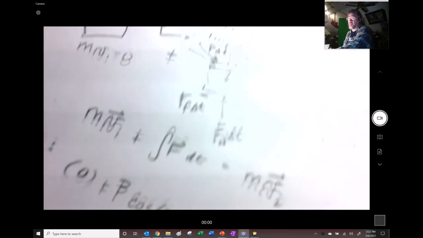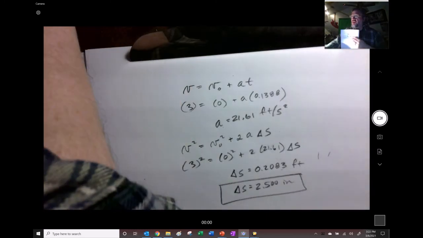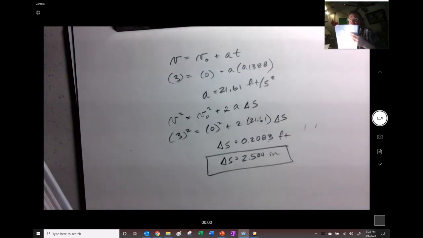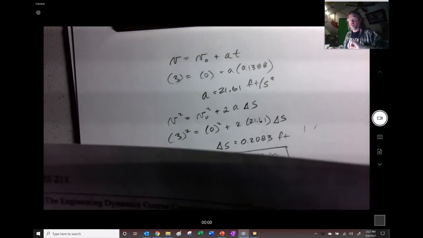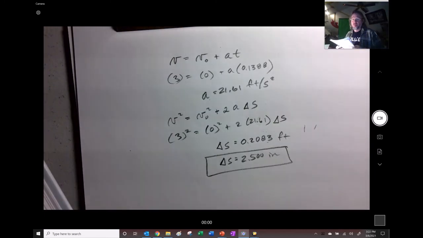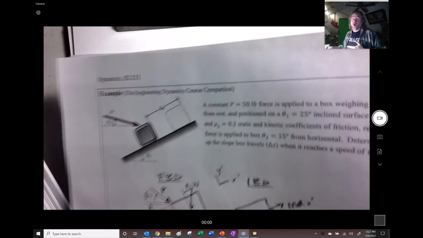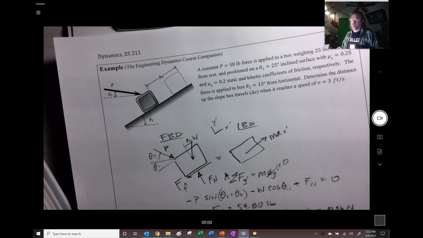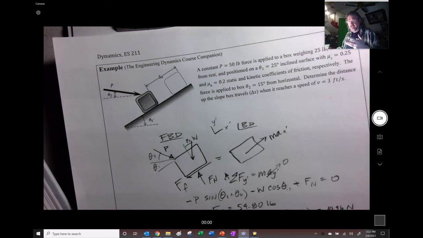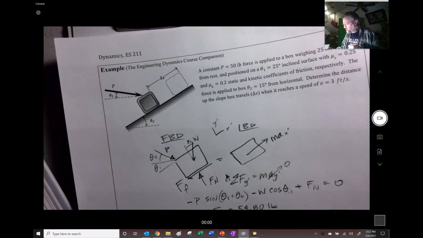Remember that kinematics was the study of the description of motion, using position, velocity, acceleration, and time. But now we have forces involved that are causing the motion, so we can still use the kinematics that we used in the first 5 classes, but now we're using it in conjunction with kinetics. So kinetics and kinematics are working together.